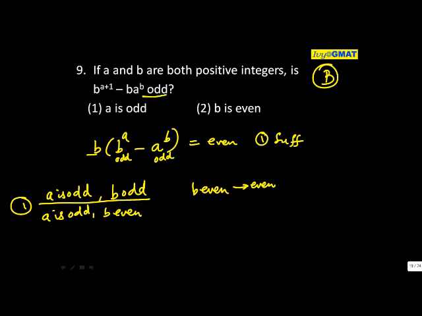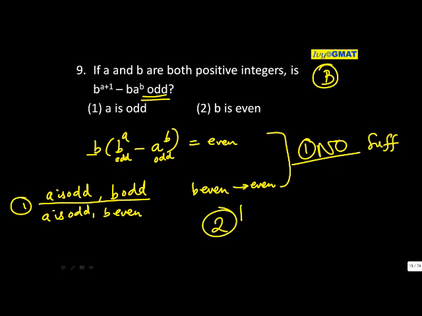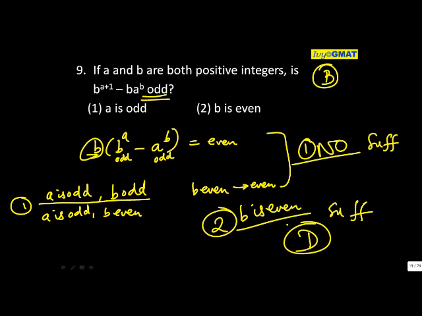Your question is, is it odd? I can say for sure no. From the first statement I can very clearly say no, so it is sufficient. From the second statement, if B is even, is it sufficient anyway or not? B is even, so this is even. Even into anything is even. So again sufficient. My answer is D.